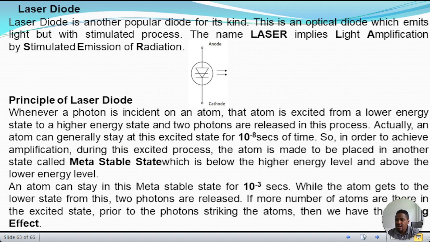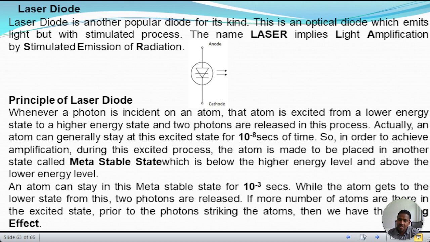So in order to achieve amplification during this process, the atom is made to be placed in another state called the metastable state, which is below the higher energy level and above the lower energy level. An atom can stay in this metastable state for a longer time before the atom gets to the lower state. From this, two photons are released.